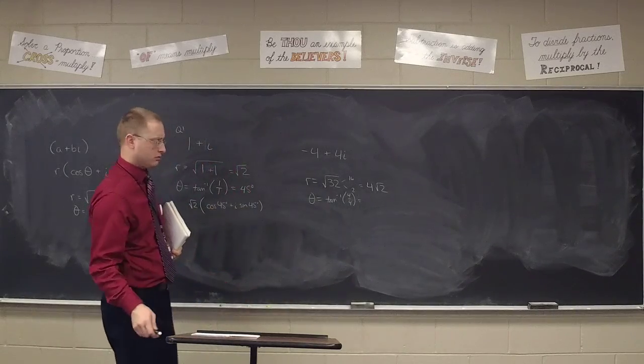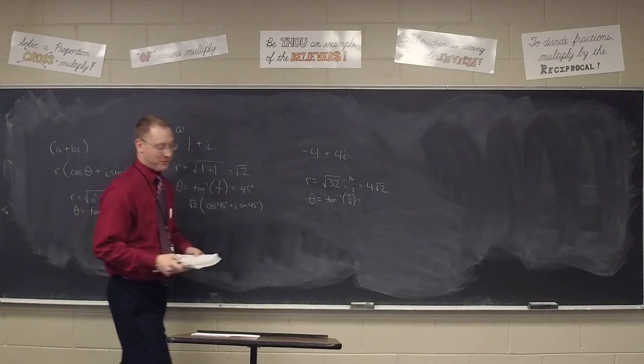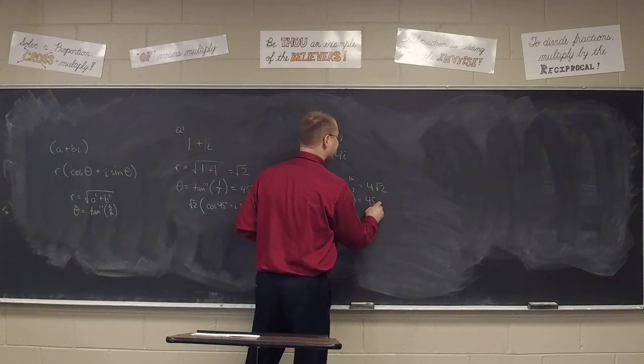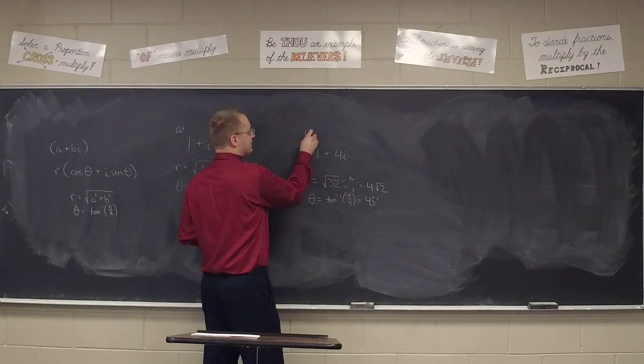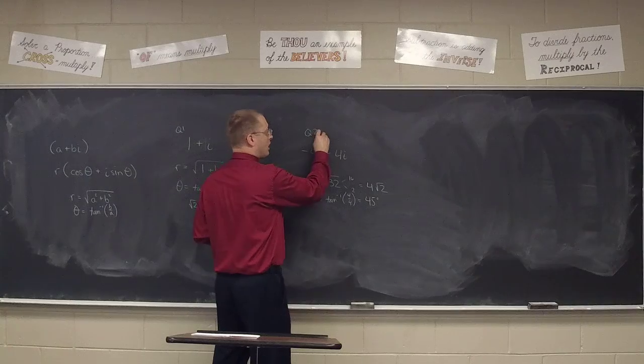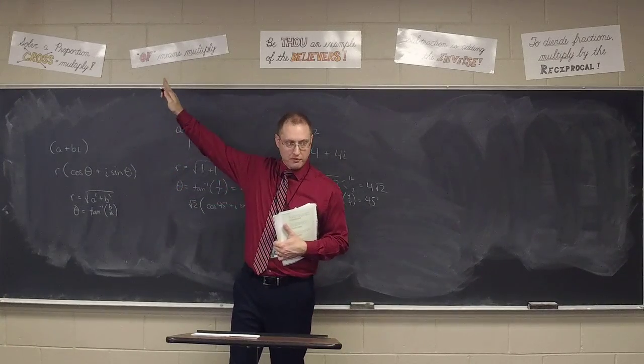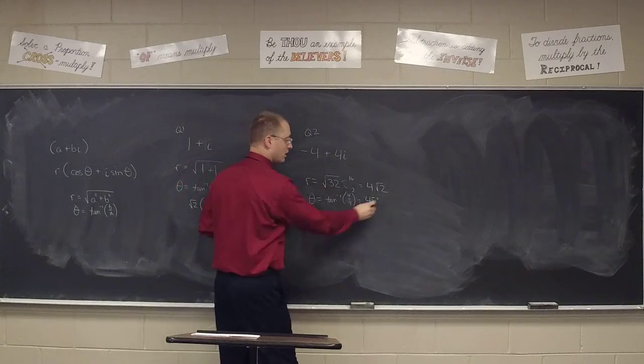Probably 45. Well, you're considering 1 over 1 was 45, 4 over 4 is going to be 45 too, isn't it? But it's not 45, because this isn't quadrant 1, this is quadrant 2. So 45 is more of a reference angle. I need to come up 45 from the 180 to get 135.